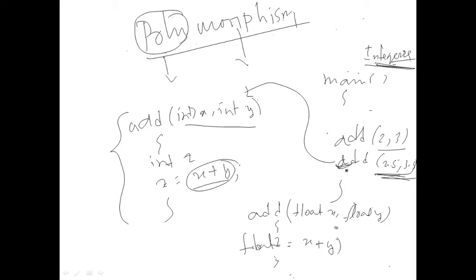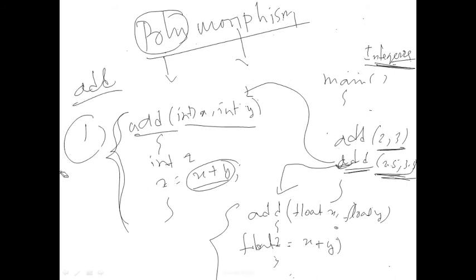When you call this function with integers, it will call the integer version. For integers one version is there, and for float you have another version of add. So the function name is add, but it has two versions, one for integer and another for float.